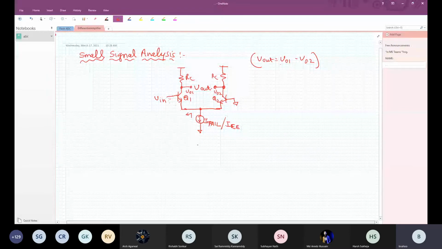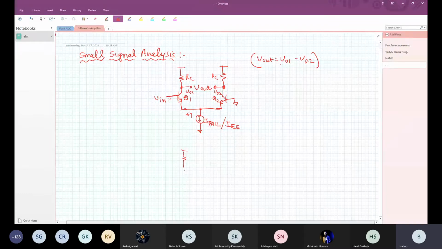Then we said that we are applying an input signal that is not fully differential. So what if we apply a fully differential signal? Fully differential signal, we do this, with RC and RC.